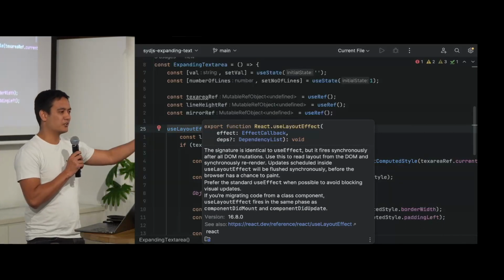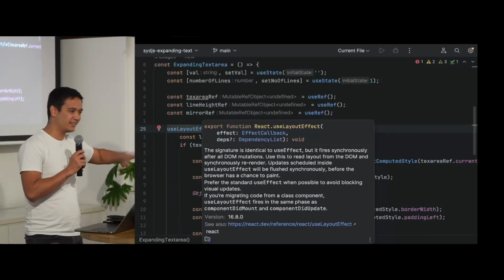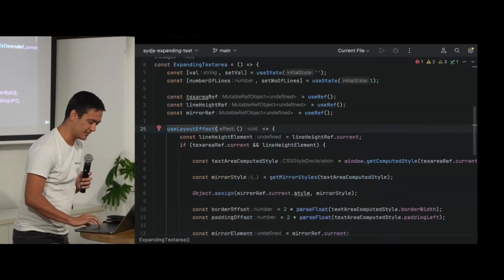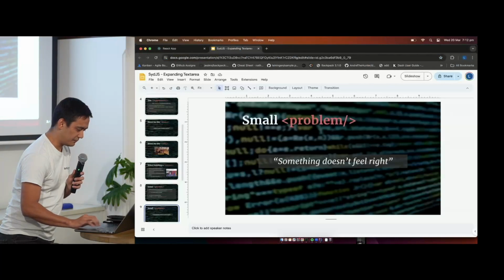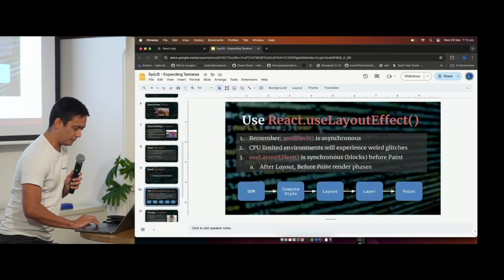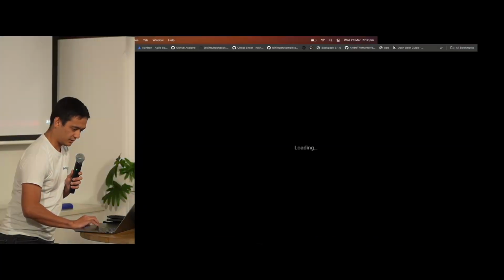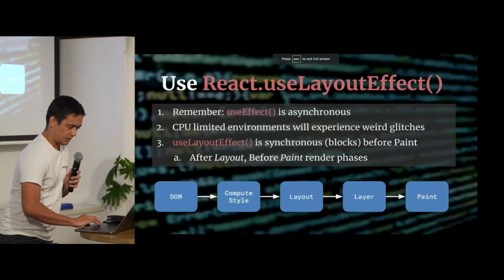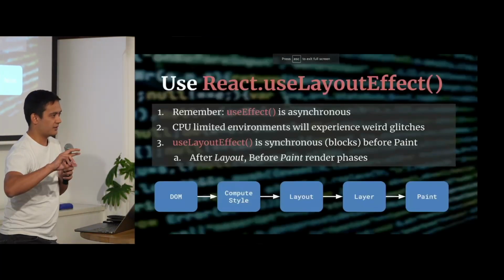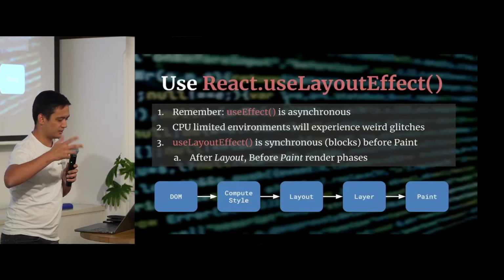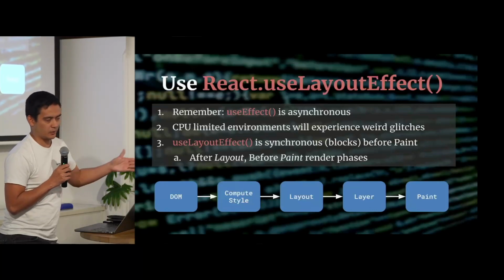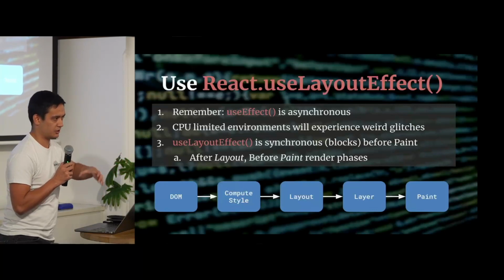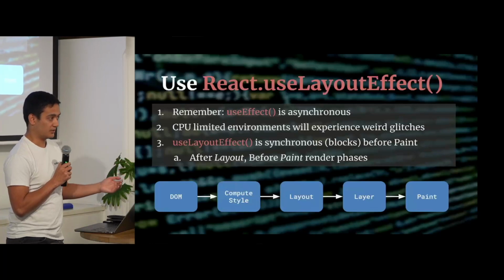Before it used to say runs before paint, which was completely like, what's a paint? Like, what is this? Okay. But going into that deeper, we can see that in CPU limited environments, when you get this sort of race condition, you can get some weird glitches. So if we use useLayoutEffect, basically what happens is that any computations will run before the browser actually prints something to the screen.